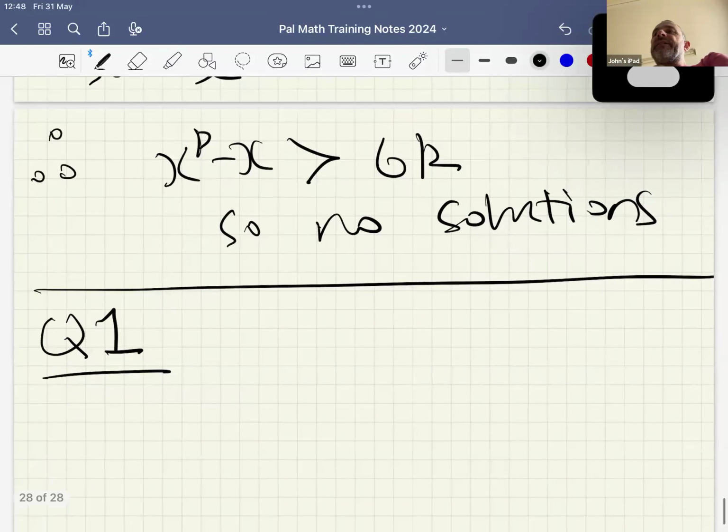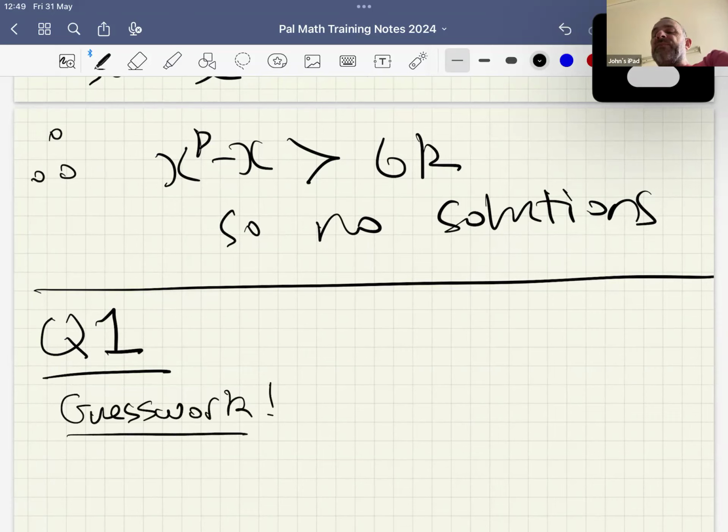Now, the trick here is, by guesswork, f of n equals n squared, and a few of you guessed that this is a solution.